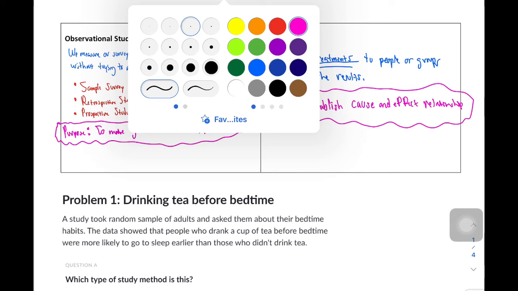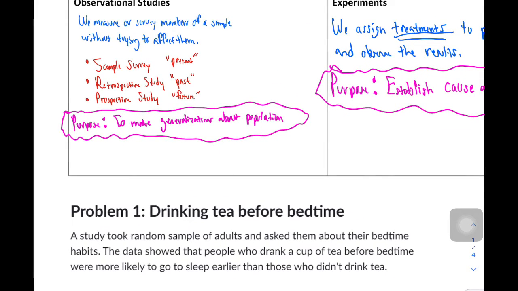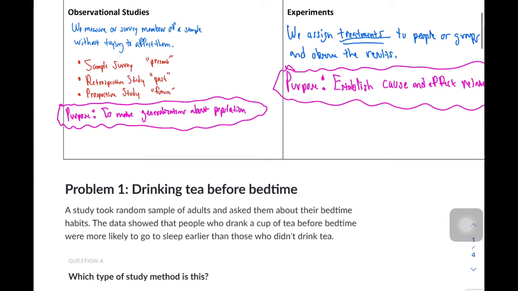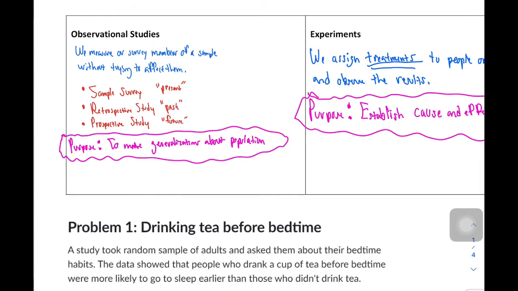So let's do a quick example. Let's say for both of these that we wanted to look at how TV affects sleeping patterns. I know some of us like to sleep with TV on, some of us don't care. I personally need the TV off. But let's say I wanted to do an observational study.